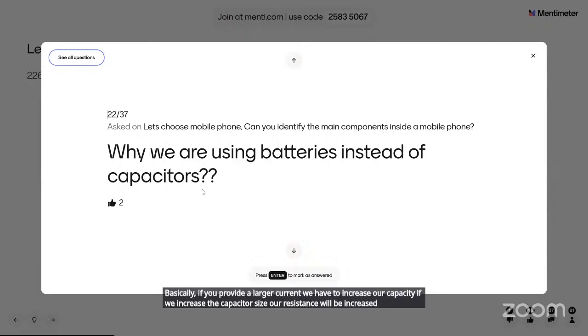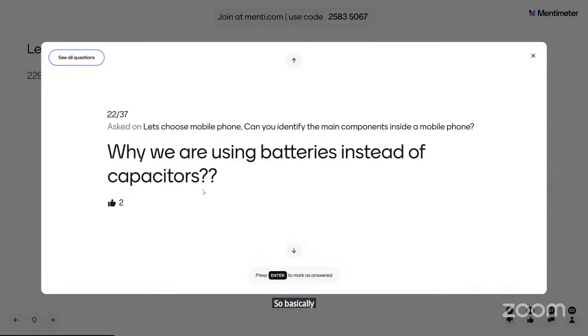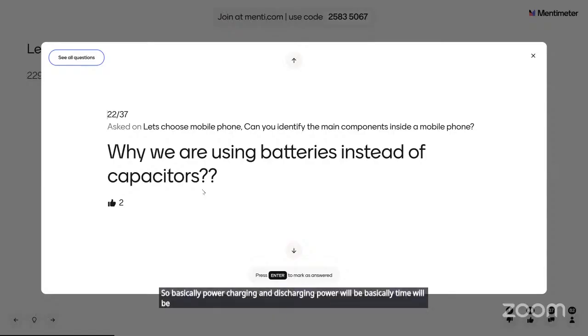If resistance increases, the charging and discharging time will be reduced, so it will discharge in a shorter time period. So that's why we can't use capacitors in place of batteries till now, but in future we can do that.